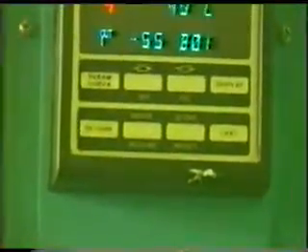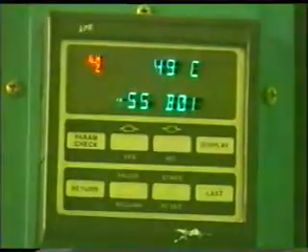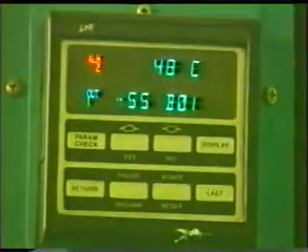The chamber temperature falls gradually up to minus 55 degrees Celsius. The equipment is kept at the appropriate temperature for 16 hours unless otherwise specified. The chamber conditions are plotted on a graph for record.